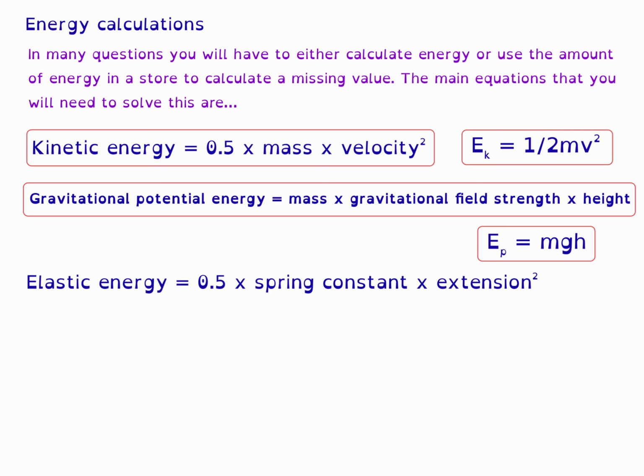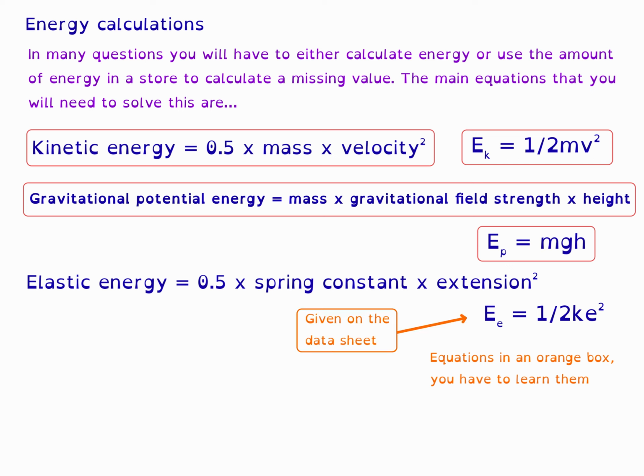And then elastic energy equals 0.5 times the spring constant times the extension squared, or EE equals a half ke squared. The equations in an orange box you will have to learn for the exam. If it's not in an orange box, so the elastic energy equation, for example, you don't have to learn them. They will be given to you in the exam.